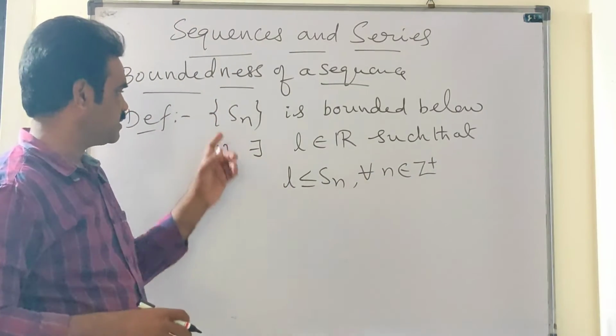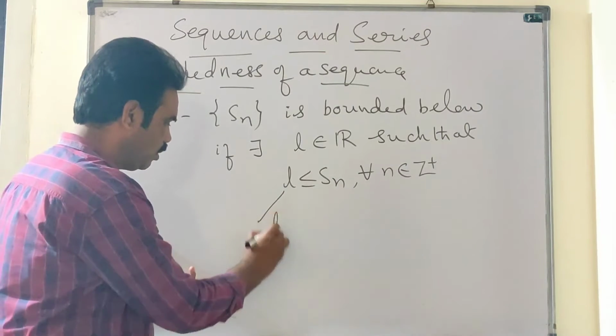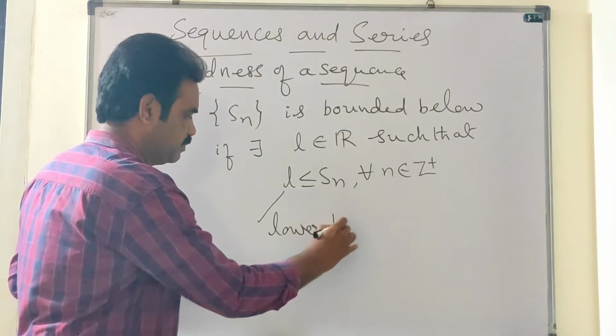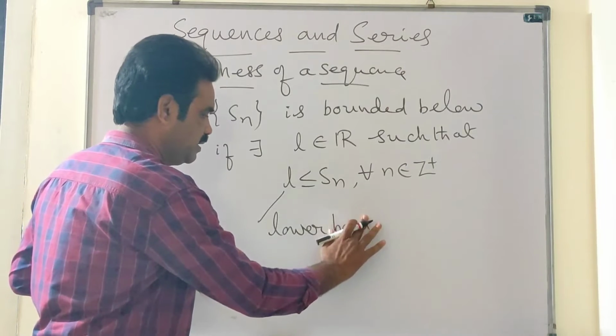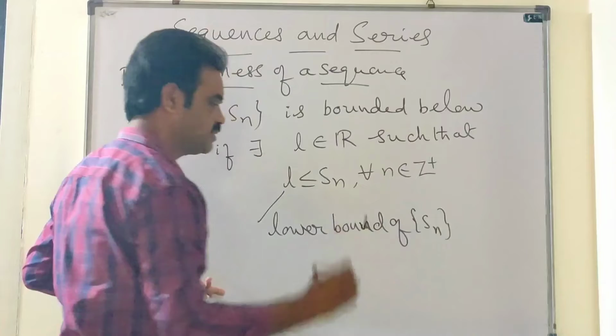Then Sn is said to be bounded below. Here the number L is called a lower bound of the sequence Sn.